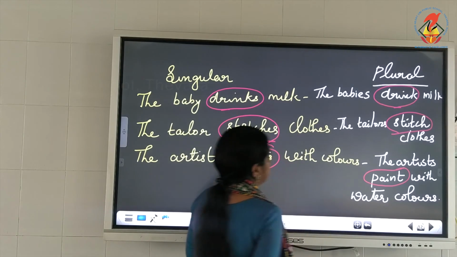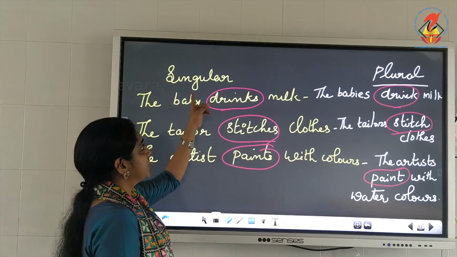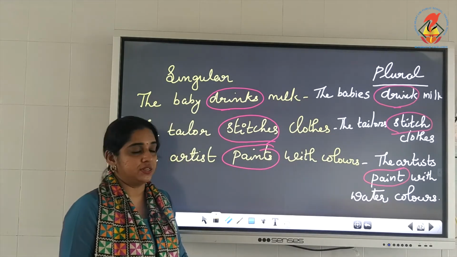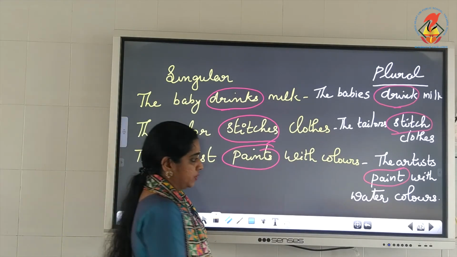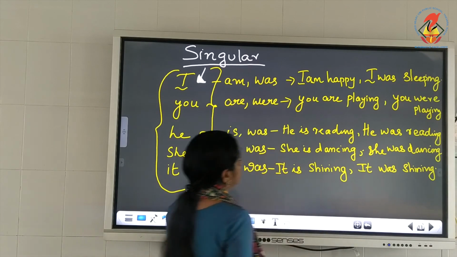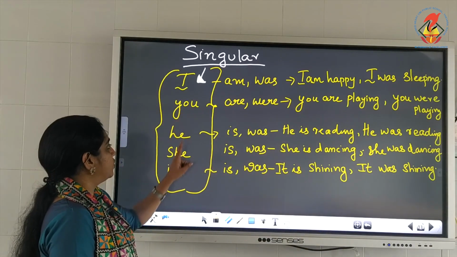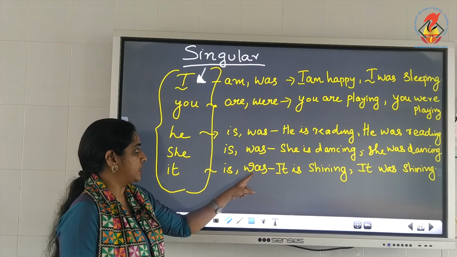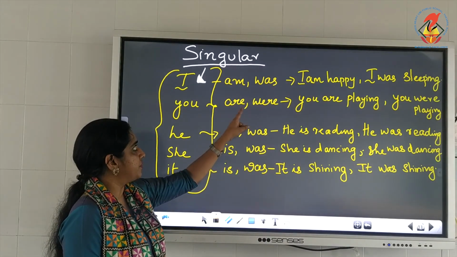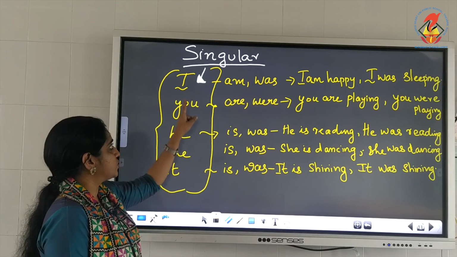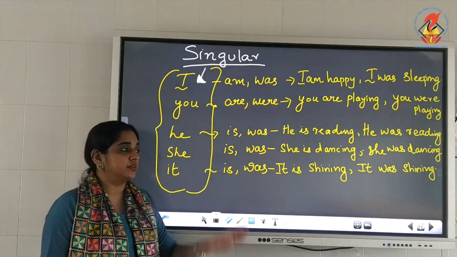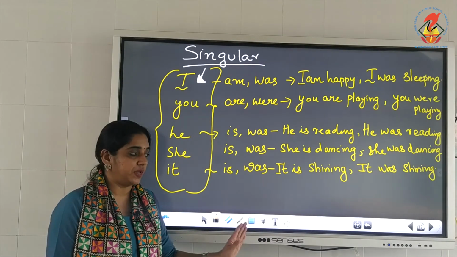Then, the next thing that we studied, how to change singular and plural, what all changes happen in the form of the verb. This is already there in the textbook. Then, the next one is I, you, he, she and it, and which verb forms are used. Is and was, then are and were, am and was is used with I, then for you, are and were. This is something which you already know. This is very easy.